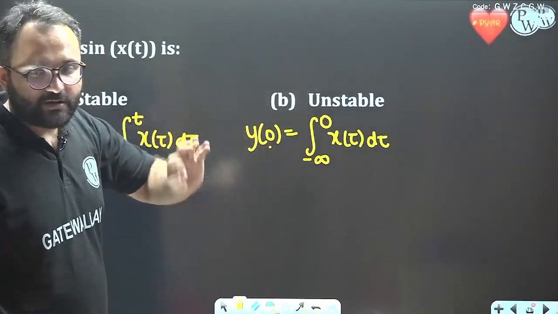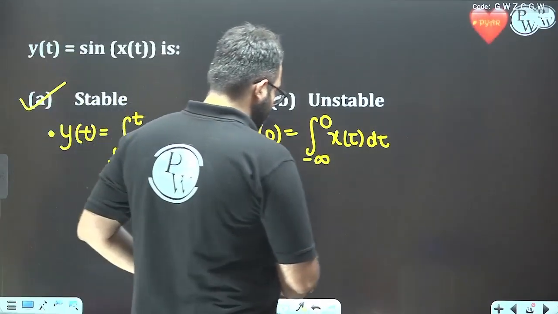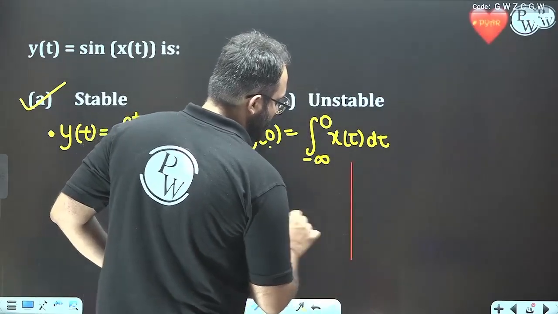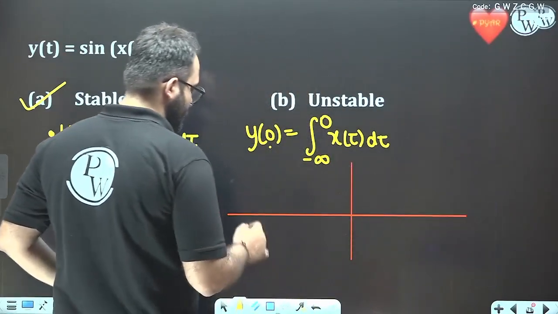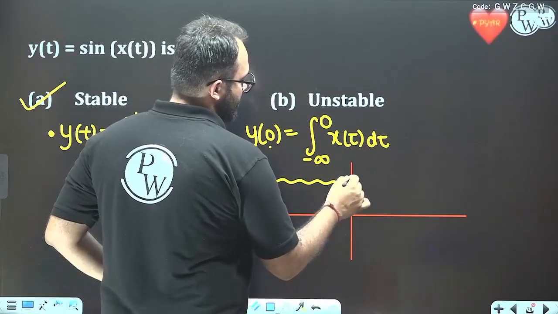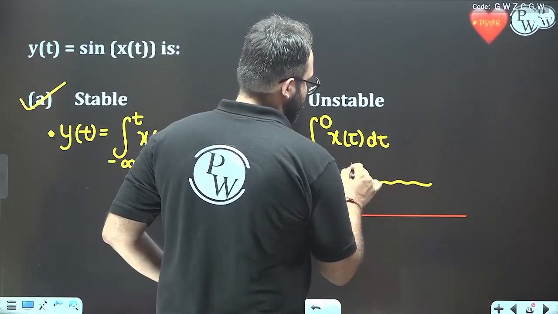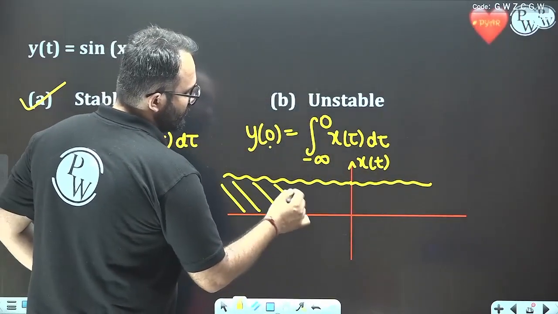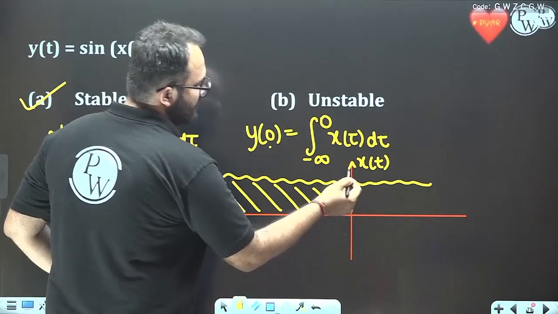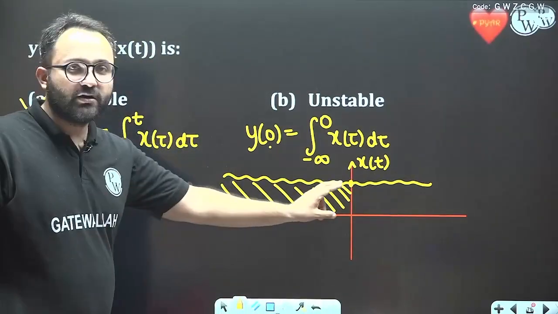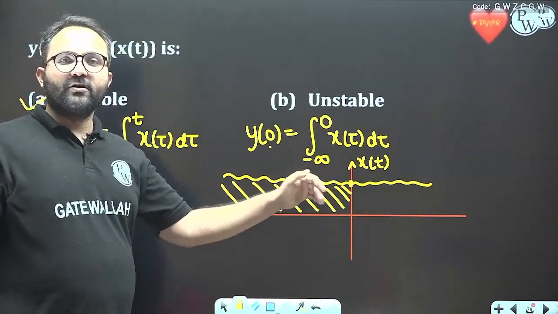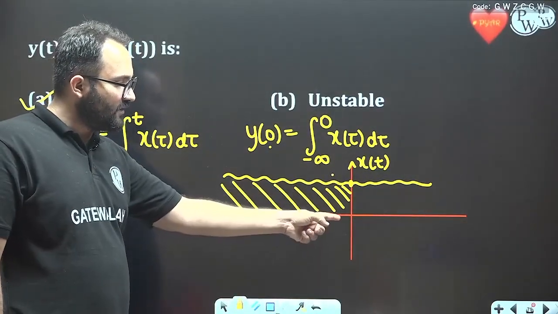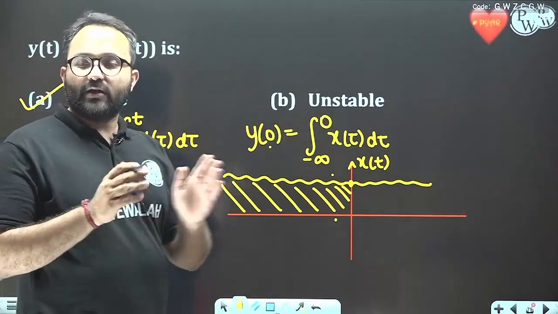I am repeating the statement. If the input has a finite amplitude, for example this is the input, and we integrate it from minus infinity to 0, we are actually finding the area of this plot from minus infinity to 0. So we are integrating a finite value for an infinite duration, and the value may go to infinity.